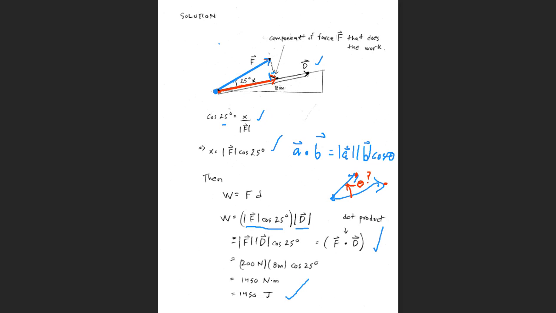Now, it doesn't mean you couldn't find theta, but it would be nice if we had a formula to compute the dot product based off of components. And we have that. So let me go a little bit more into the book here now. Let's keep moving through this section.